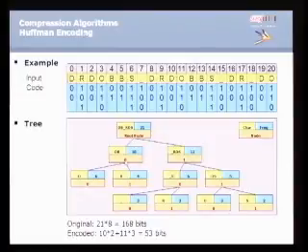Then you create a new code for these symbols by following the tree. If you go to the left, you put a 0. If you go to the right, you put a 1. This results in shorter codes for symbols that are more frequent in the file.